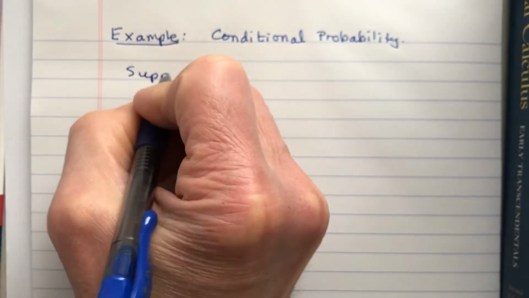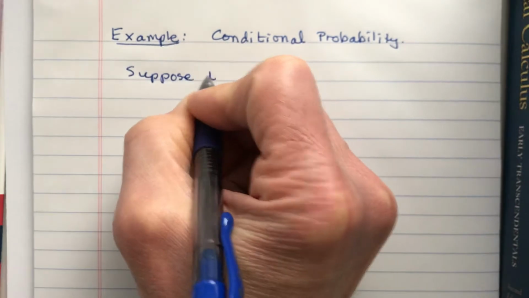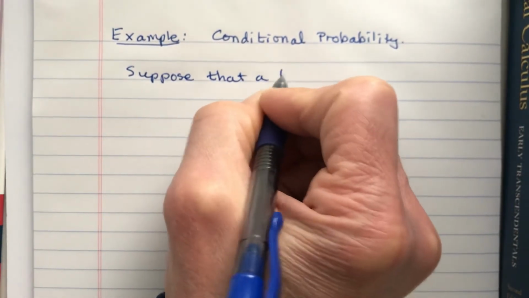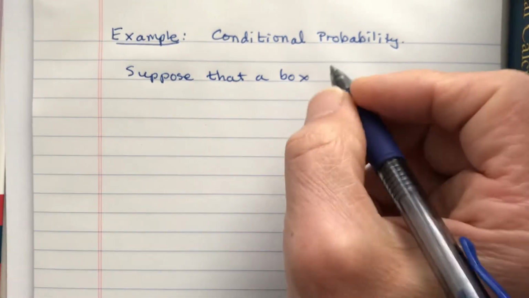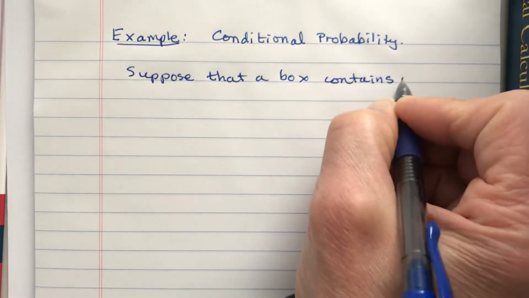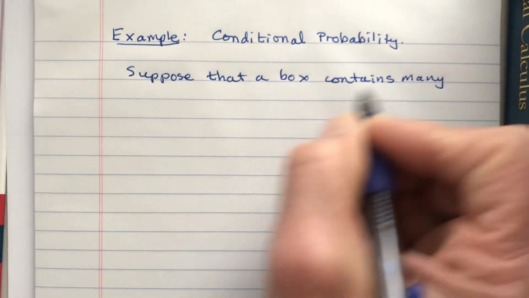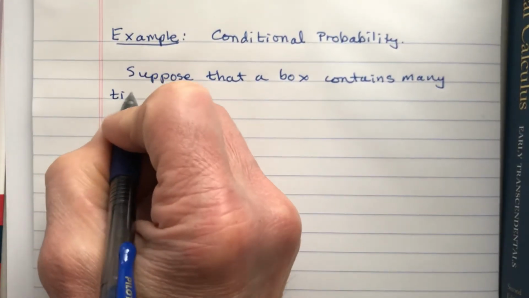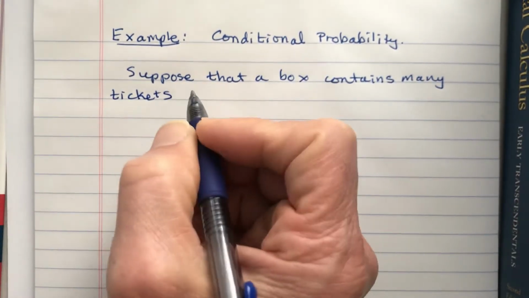Suppose that a box contains many tickets. So that's sort of vague, but there's just a lot of tickets in this box.